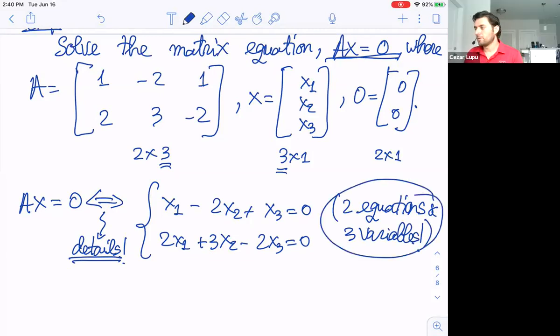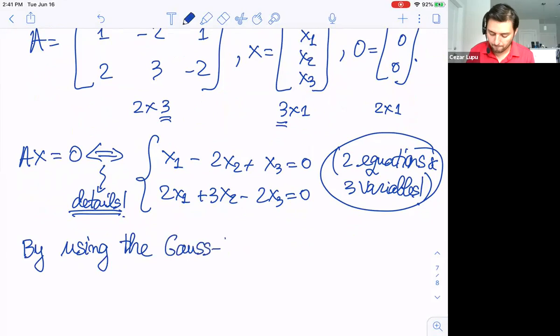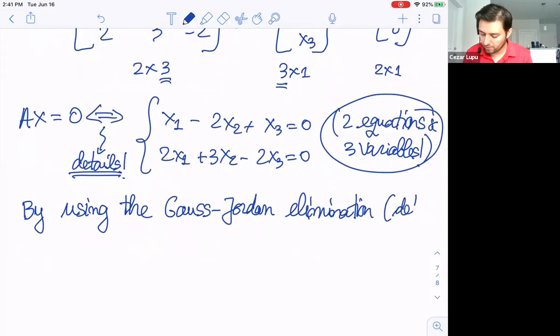Anyway, by using the Gauss-Jordan elimination, again, I'll leave the details to you. You know how they say, the devil is in the details, so make sure you check them out.